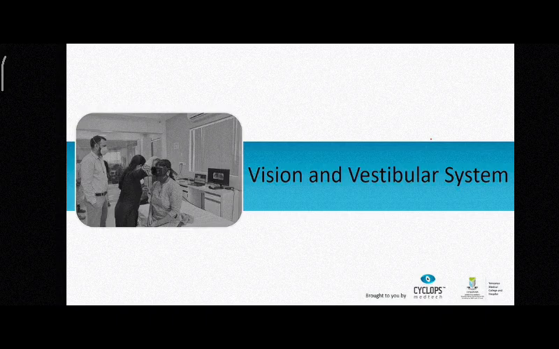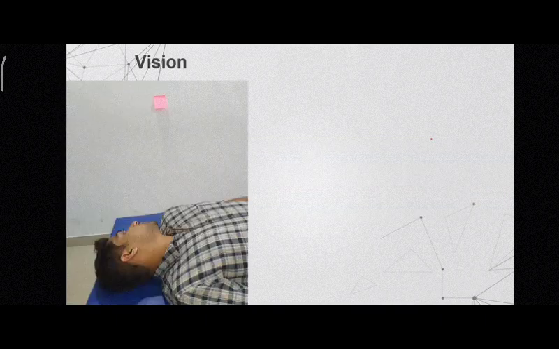Then coming to vision and vestibular system exercises. Again, this is a part of gaze stabilization. If the patient is lying down in bed, we ask the patient to look at a particular object. In this case, there is a sticker placed on the left hand side of the patient, and the patient is advised to look at it for at least 30 seconds. If he is able to look at the sticker for 30 seconds, we ask the patient to look at it for a longer period of time.